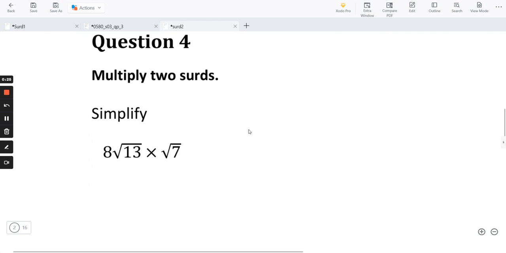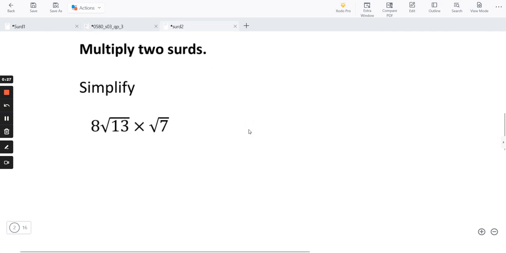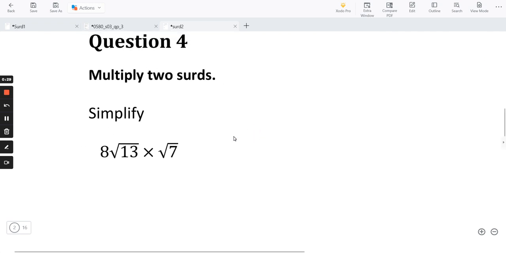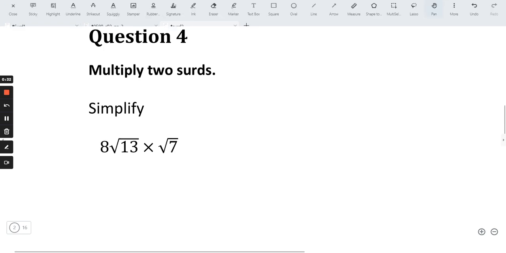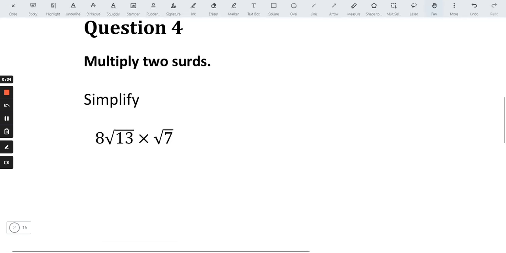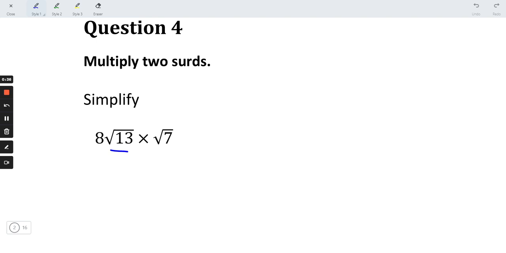Now here, one of the questions is a question for multiplying two surds. Multiplying two surds here: square root 13 is a surd, square root 7 is a surd. So 8 times square root 13 times 7, which is 8 times the square root of 91.